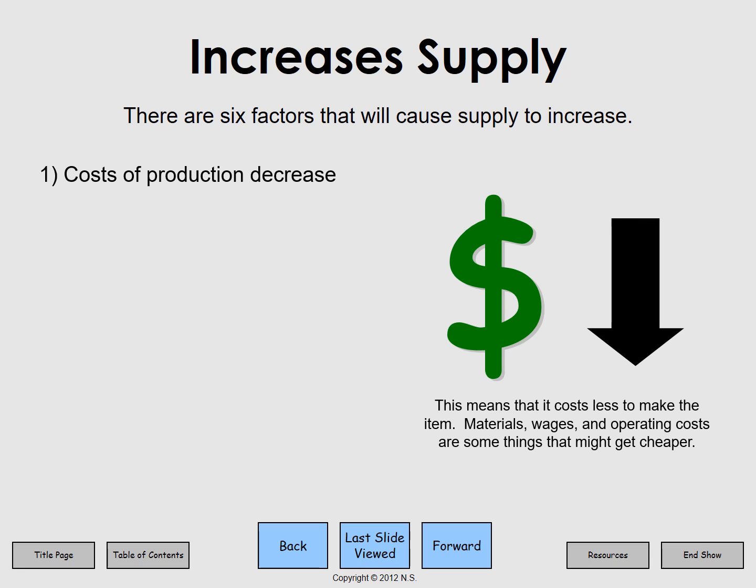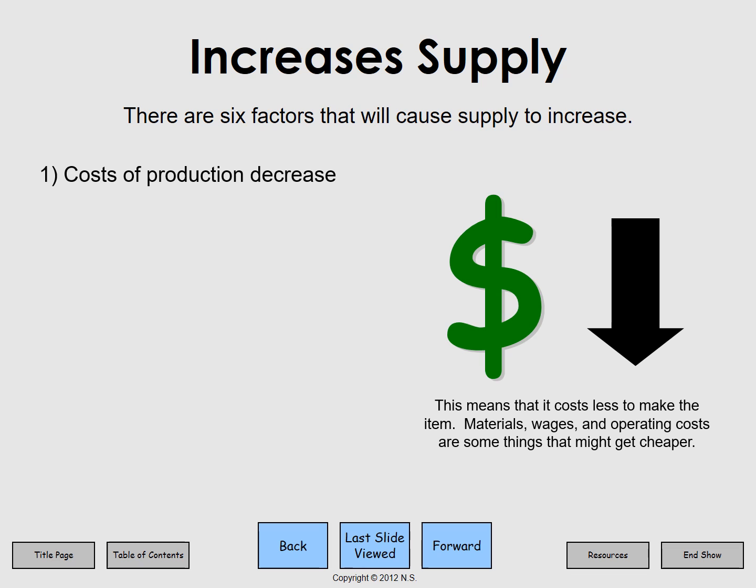cost of production decreases. So the materials you need to make your product are going to cost less. So if you're a lemonade salesman, sugar's on sale, cups are on sale, lemons are on sale, anything else you might need, straws are on sale. So the products that you make are going to be made more easily and more cheaply because the cost of production decreases.